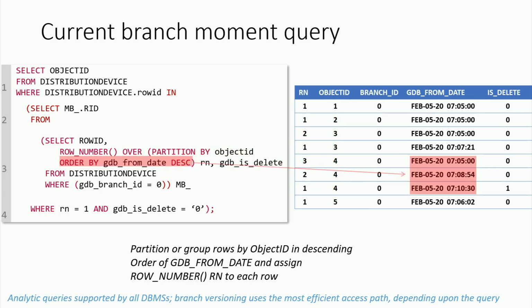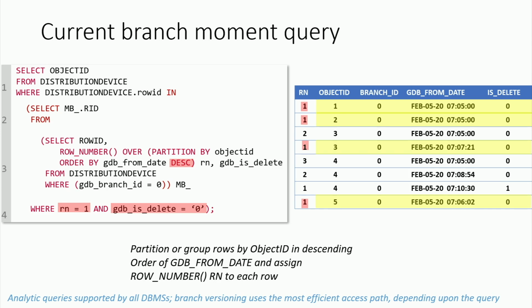Anyway, so we ordered them. We're looking at object ID 4. It's ordered in descending order. That's how we assign the row numbers. Then from there, where row number equals 1 and is deleted is false. So that filters out object ID 4 because it's deleted.